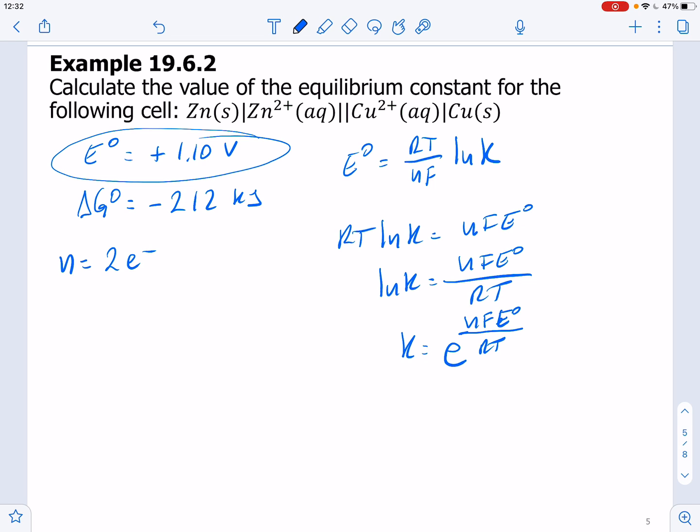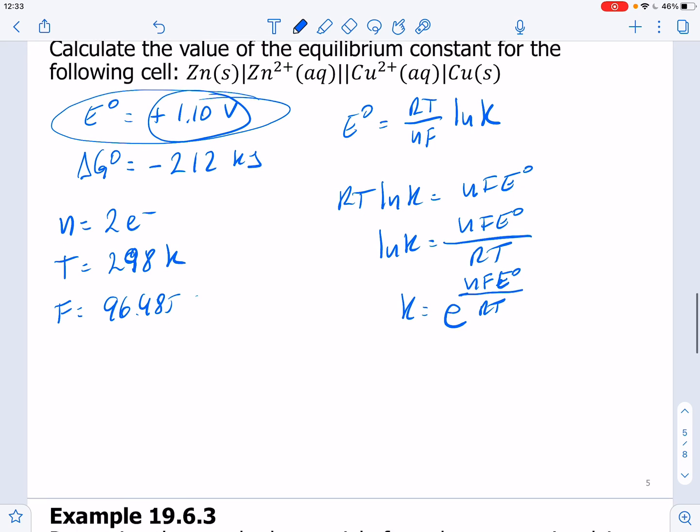We have 2 electrons being transferred. Since we are working at standard conditions, the temperature is 298 Kelvin. F, the constant, is 96,485. And what else we have here? The potential, it's already here, plus 1.10.